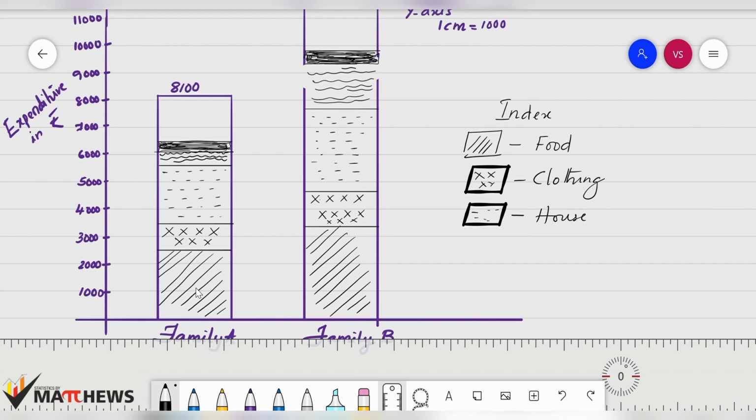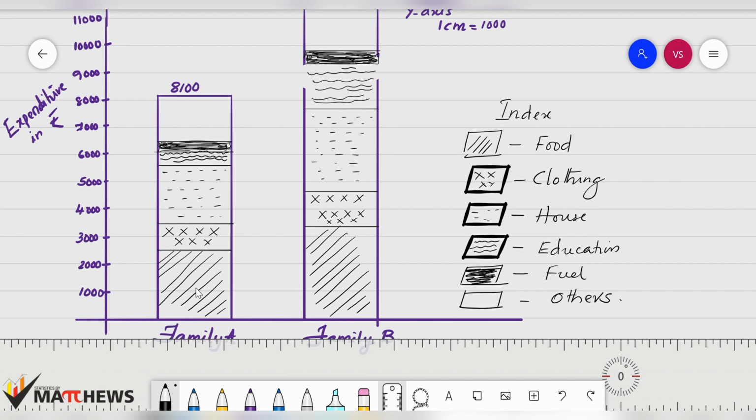And the next is this, for education. Right, education or entertainment, anything. The next one is all about shadings. We darkened it. So this is for fuel. And the last one we left blank. This will be for others.